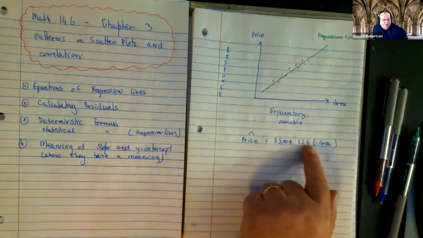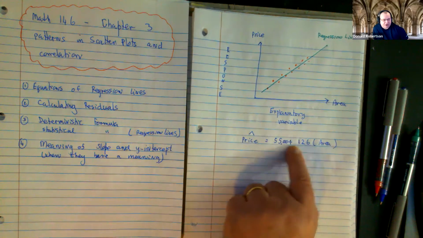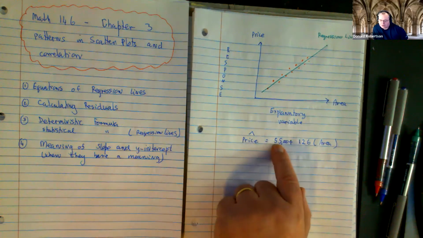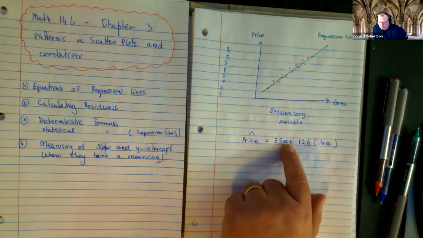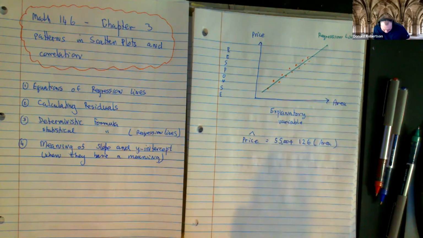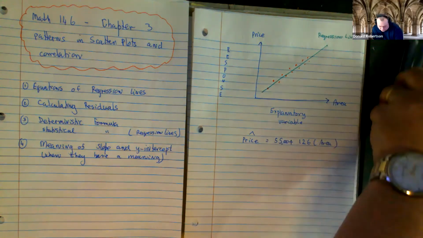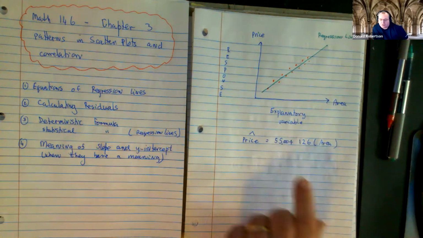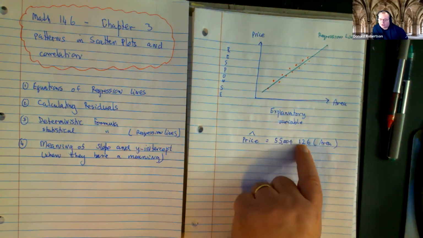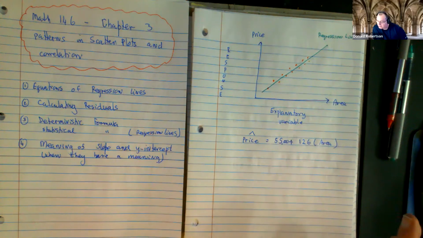And here we have the regression equation. It's y equals 55,000 plus 126 times the area. So if you want to find the predicted price of a house in this particular place, you would start with 55,000 and then you'd add 126 times its area, right?